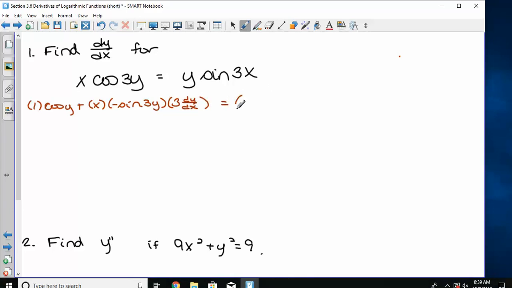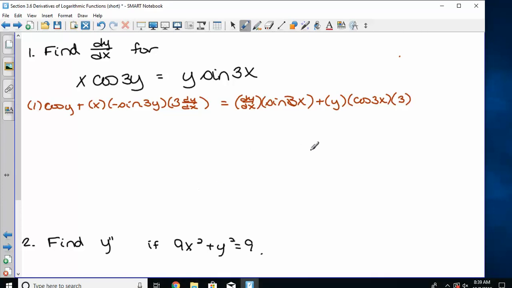Okay, product rule on the second side. Derivative of y would be dy dx times the second plus the first, which is y, derivative of the second. Derivative of sine is cosine, angle stays the same, times derivative of the angle would be a 3.